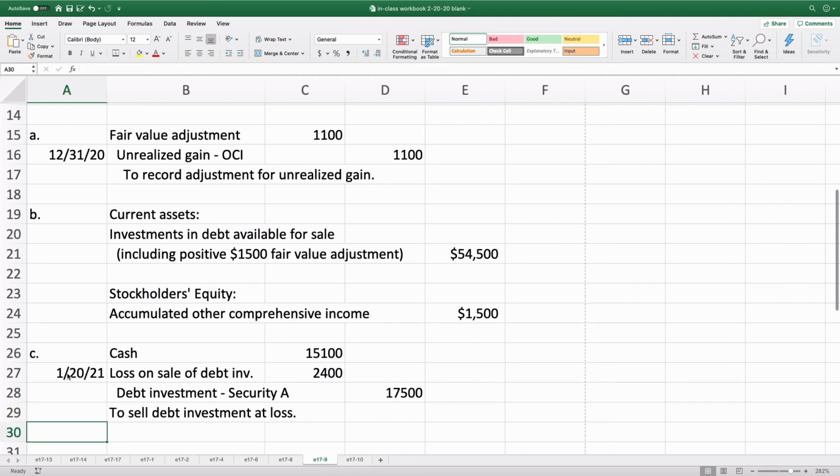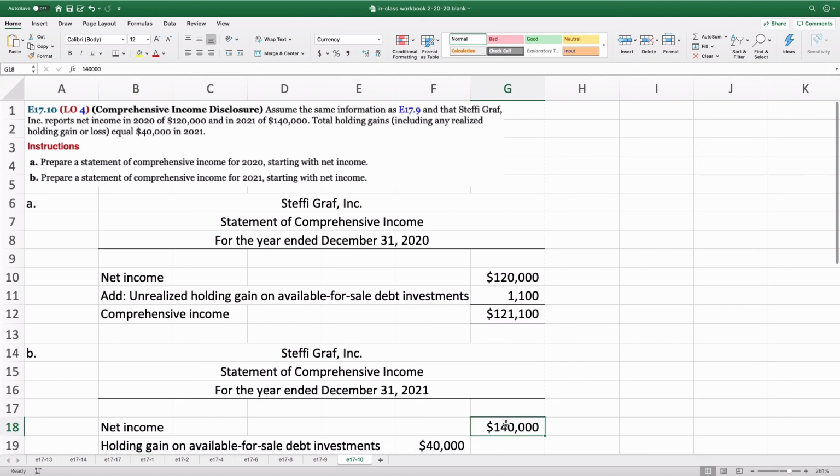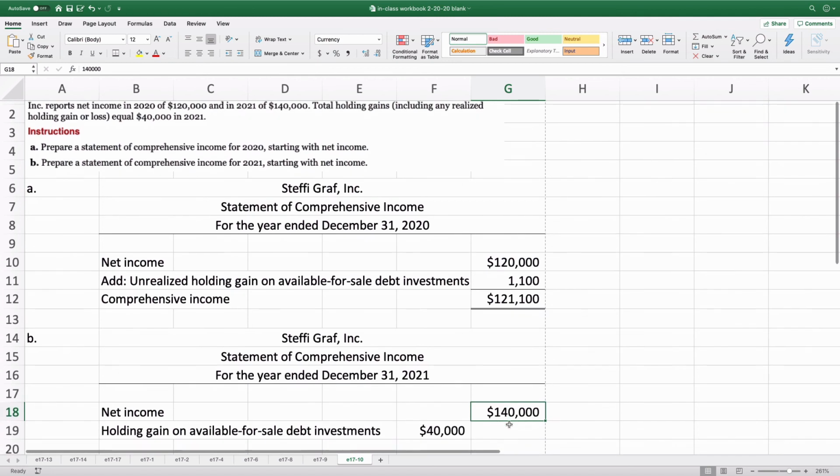And that means that this $2,400 over here is included in getting down to net income, because net income is the bottom line on the income statement. It was subtracted in getting down there to net income, and yet it had previously been included as a holding loss in the prior year, right?